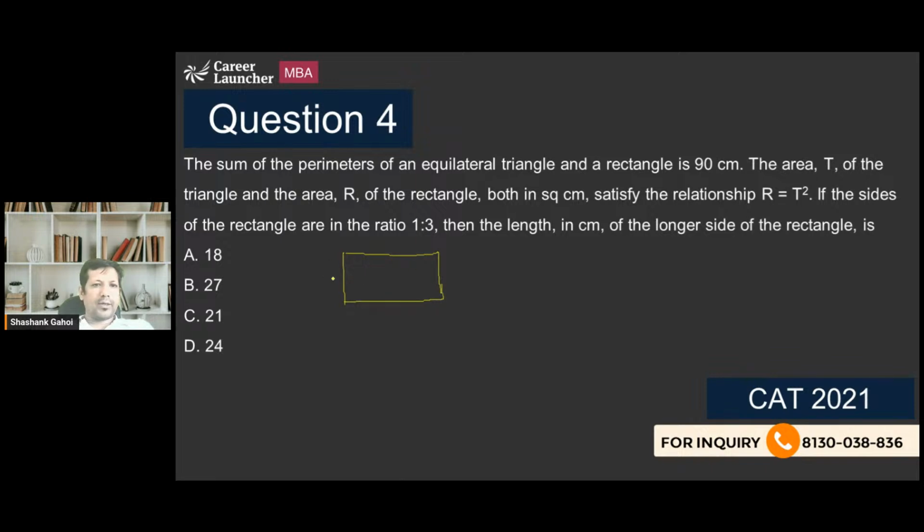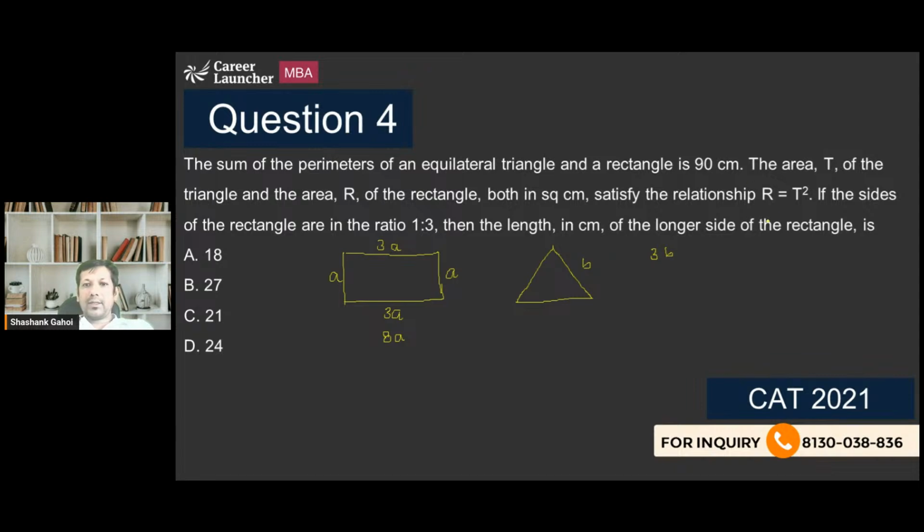So let's call it A, and 3A. So what is the total perimeter we have? 8A. Okay. And equilateral triangle has a side as what? Let's say it has a side as B. So perimeter comes out to be 3B.